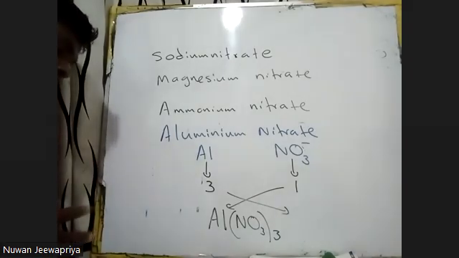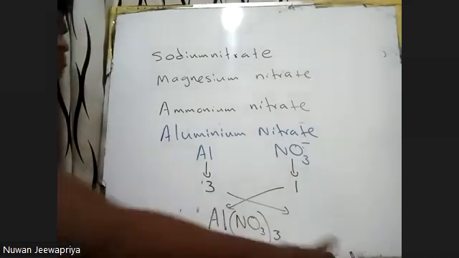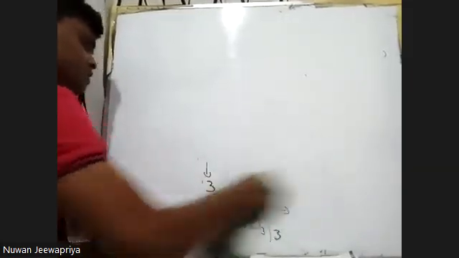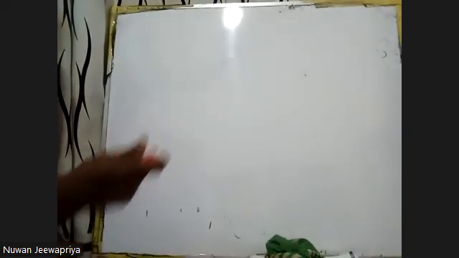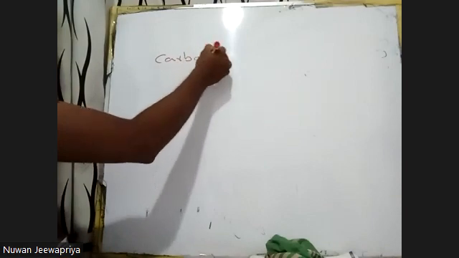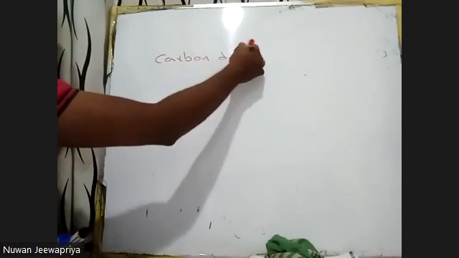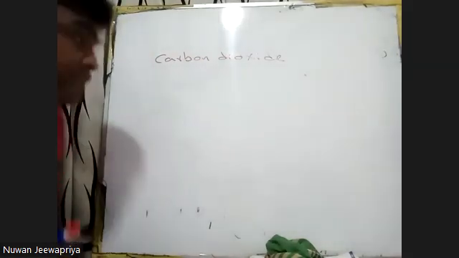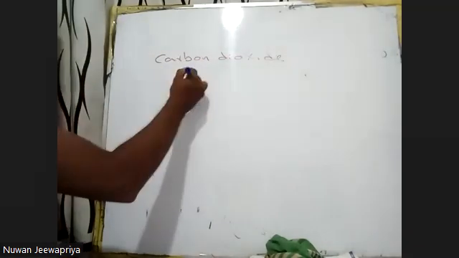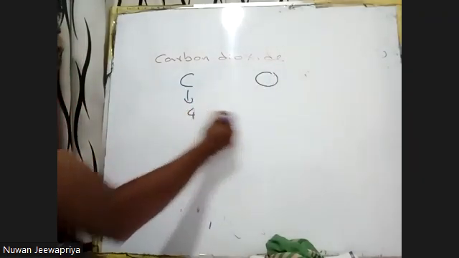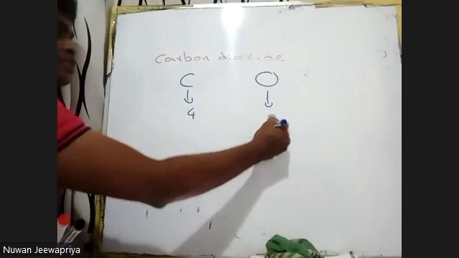Right. Then there's another case. I go to my next example. How do we write carbon dioxide? Carbon is C. Oxygen is O. Carbon's valency is 4. Oxygen's valency is 2.